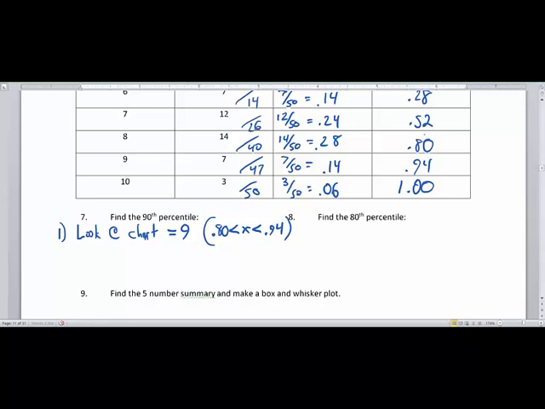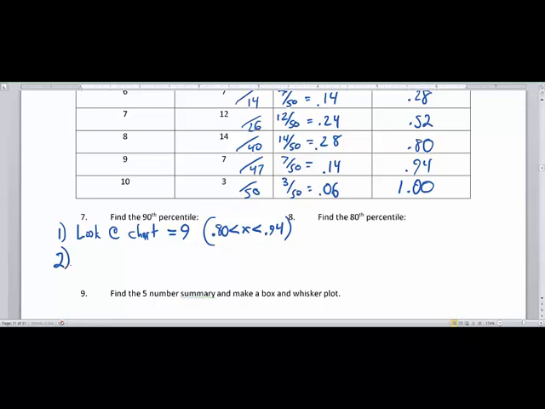I think that's a common question students have for me: how'd you know it was 9 versus 8? Well, all the 8s end at the 80th percentile, and then the 9s start right after that and go on to the 94th percentile. So since we're in this zone, we're going to say that the 90th percentile is here at 9.